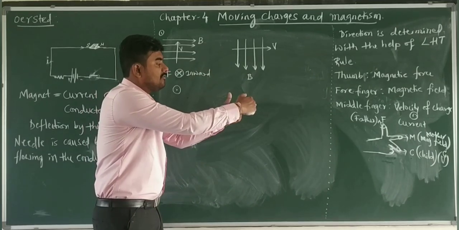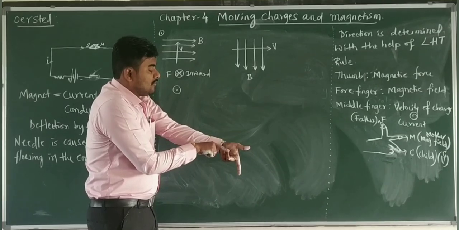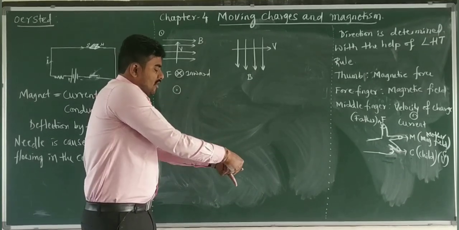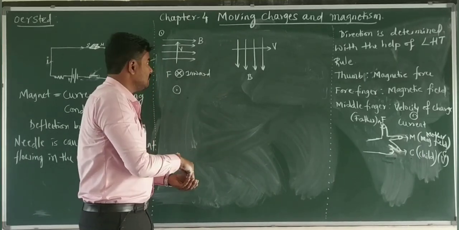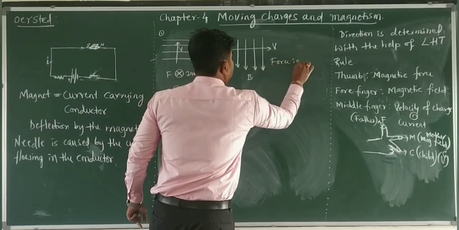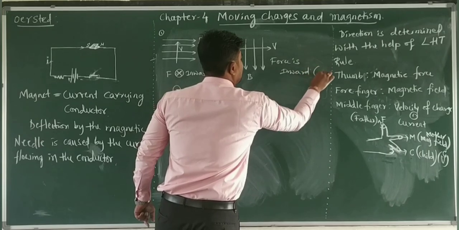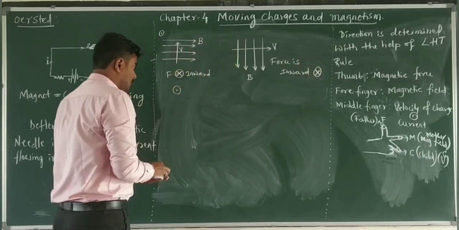Downward means the forefinger has to be down, and the velocity of charge is this direction. Therefore I have to turn this way, and once again the force is inward. Force is inward, and for inward the indication will be like this. One more.